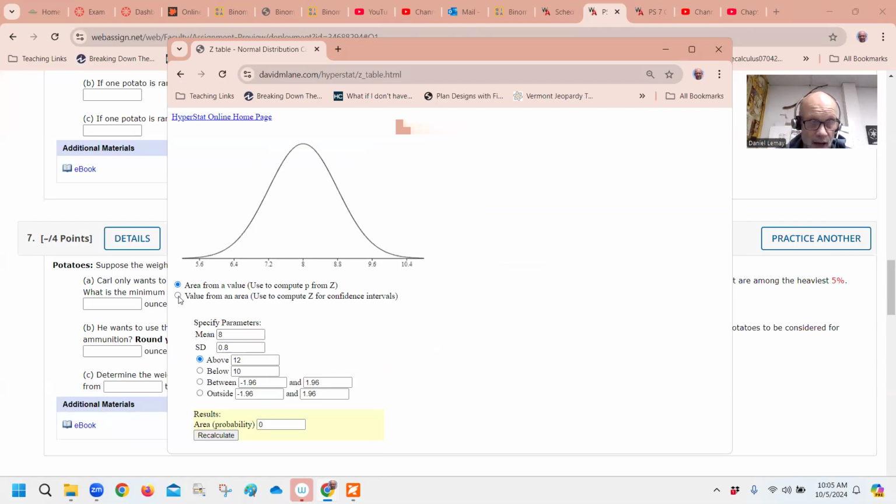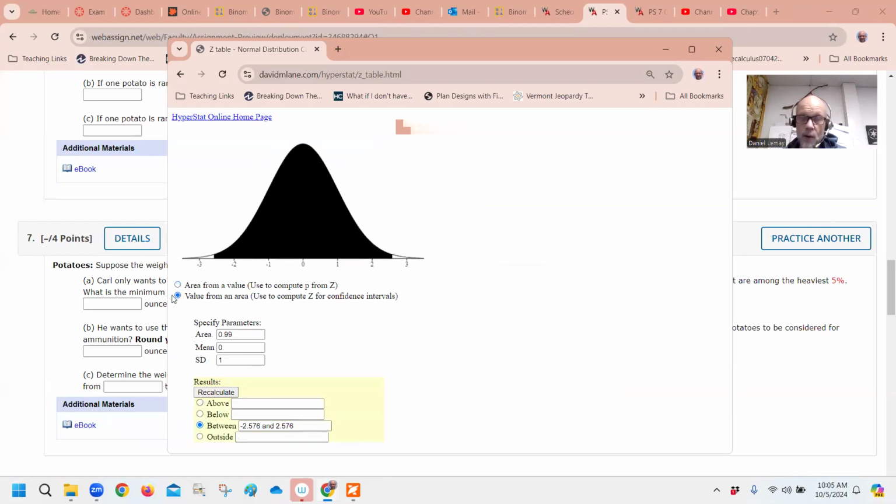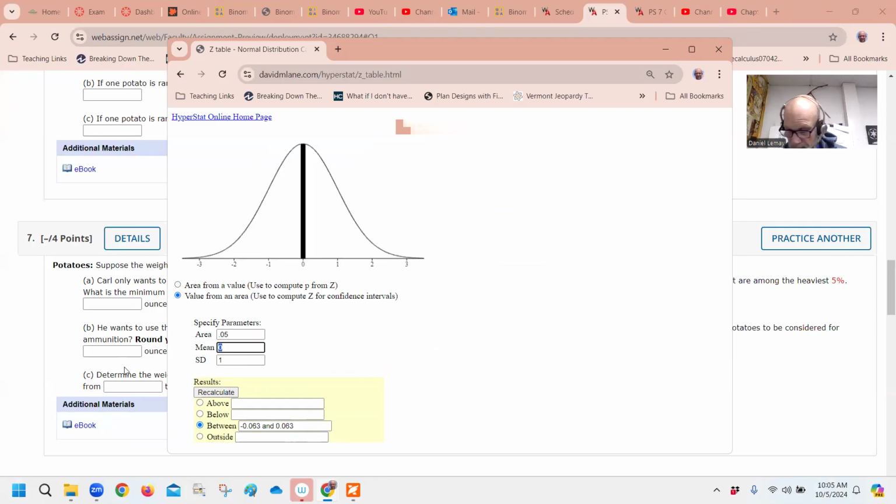Oh, I'm sorry, I had to go value from an area because we got a probability. That's the area. So for the top 5%, I'm going to put in 0.05, and I'm going to type in my mean of 8, standard deviation 0.8, and then I'm going to go above because these are the top 5%. So any potato that's heavier than 9.316, he's going to sell to his friends or in the farmer's market.